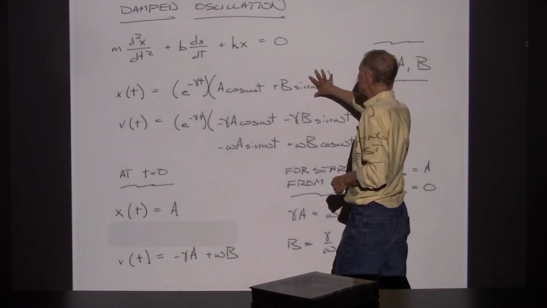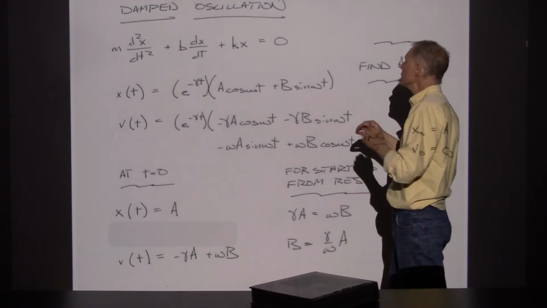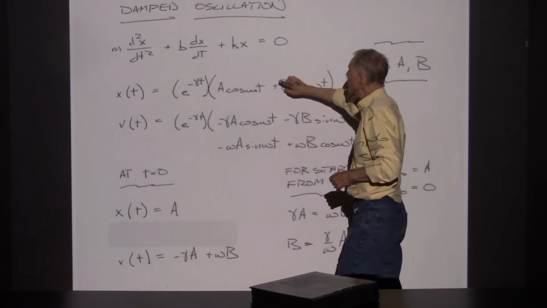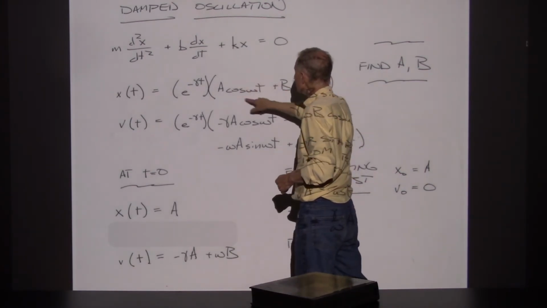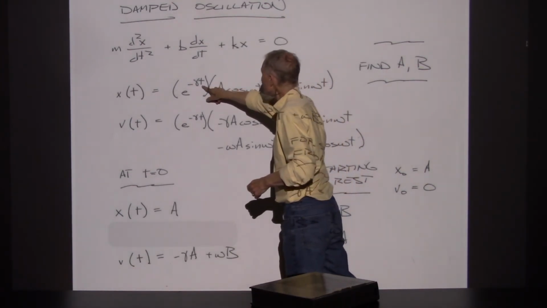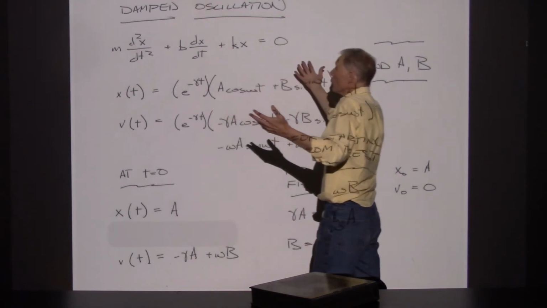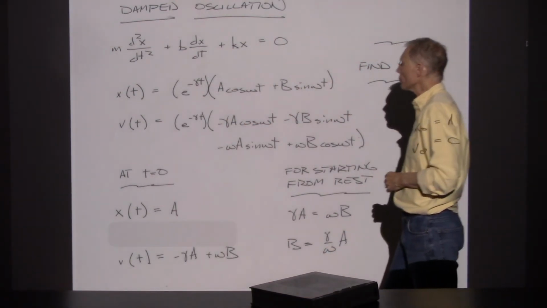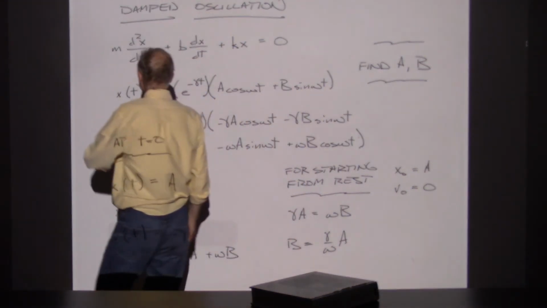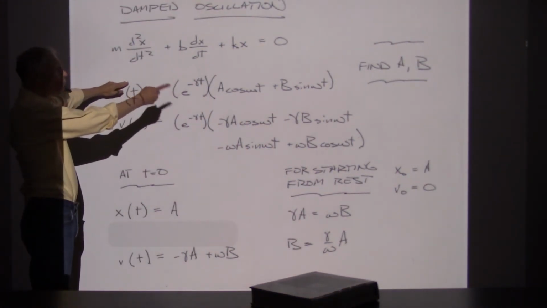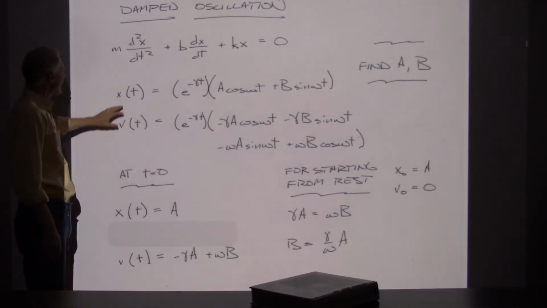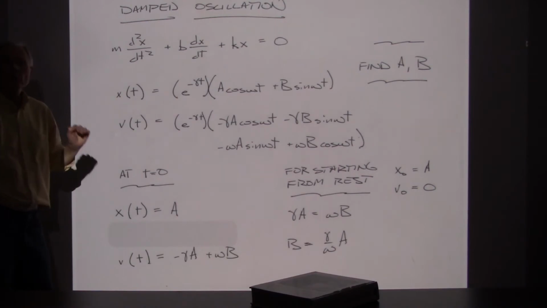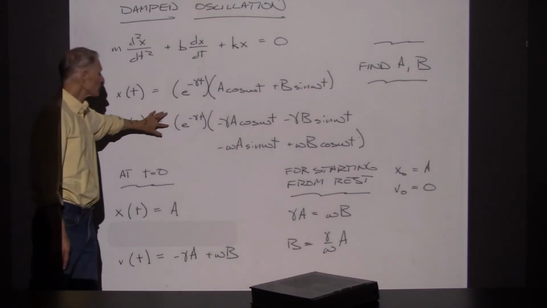When this is equal to 0, this becomes 1, this becomes 1, and so it still works. x is still equal to A when t equals 0. Now if I start with something more generalized, I can take a derivative, and that's what I've done. I took one derivative to find the velocity as a function of time.